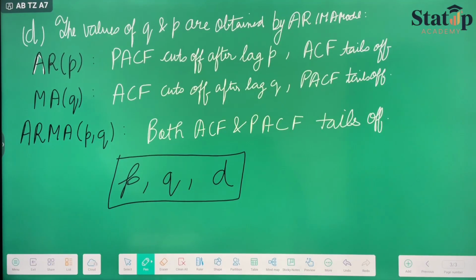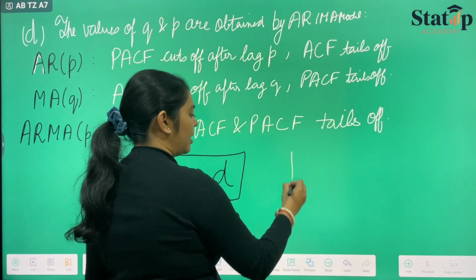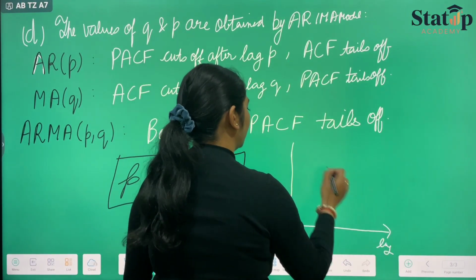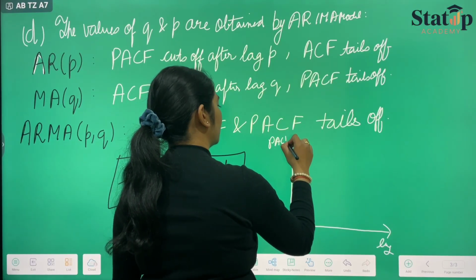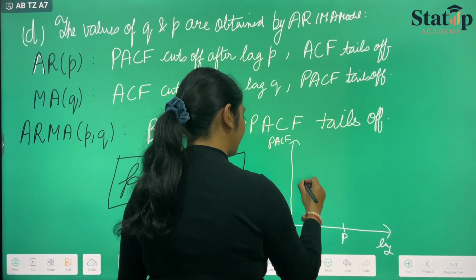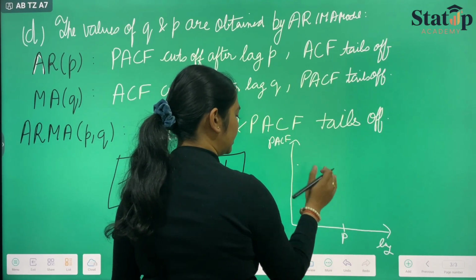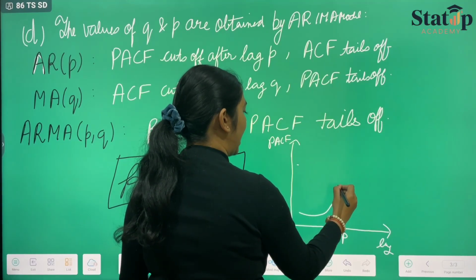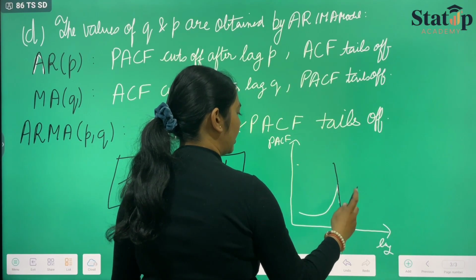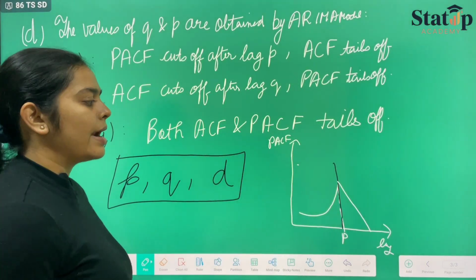So this was our first process. Now PACF cuts off after lag p means that if we plot lag against PACF and there is some lag here, it is p. So PACF is going like this, and as soon as it strikes lag p, it cuts off, means it comes directly down.